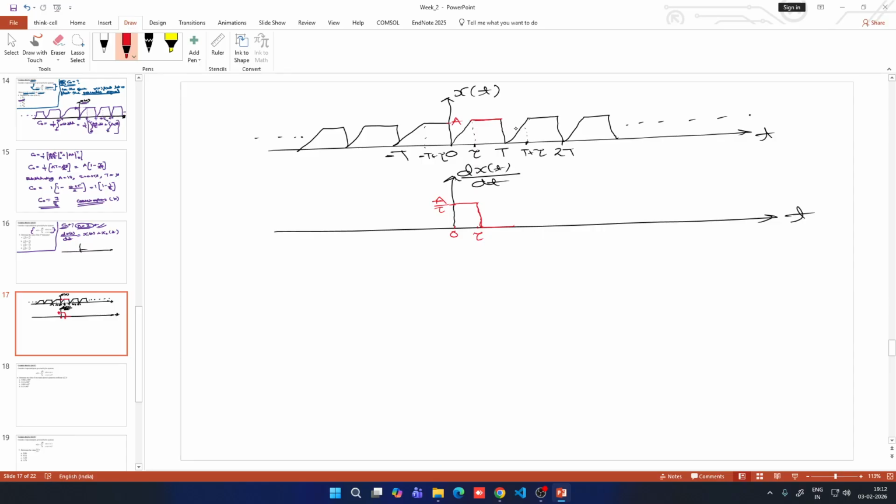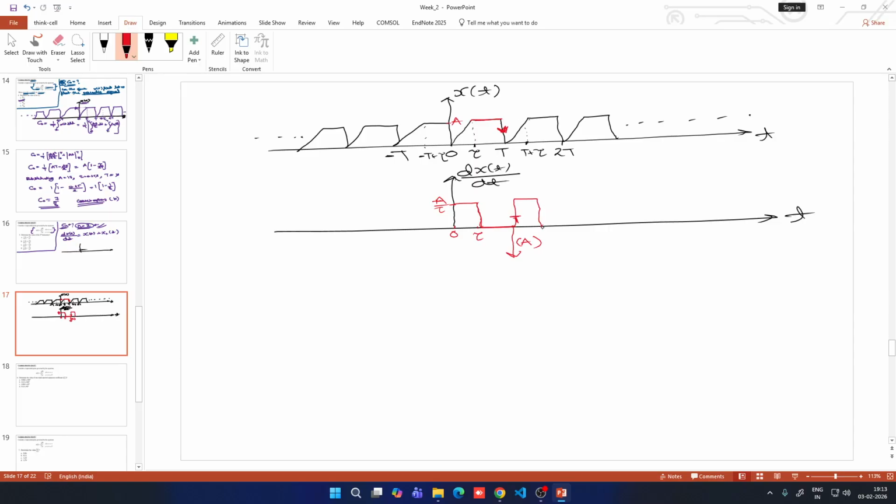After T, if you see, there is a slow rising pulse, and now this is a downward pulse. For the downward pulse, if it is going down, there is an impulse in the negative direction whose amplitude is A. So here this is T, and between tau and T the signal is 0, and the same thing will repeat.